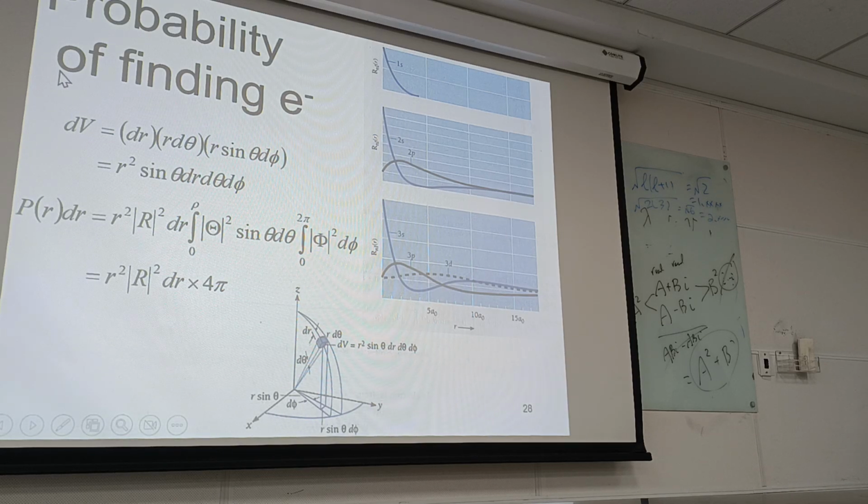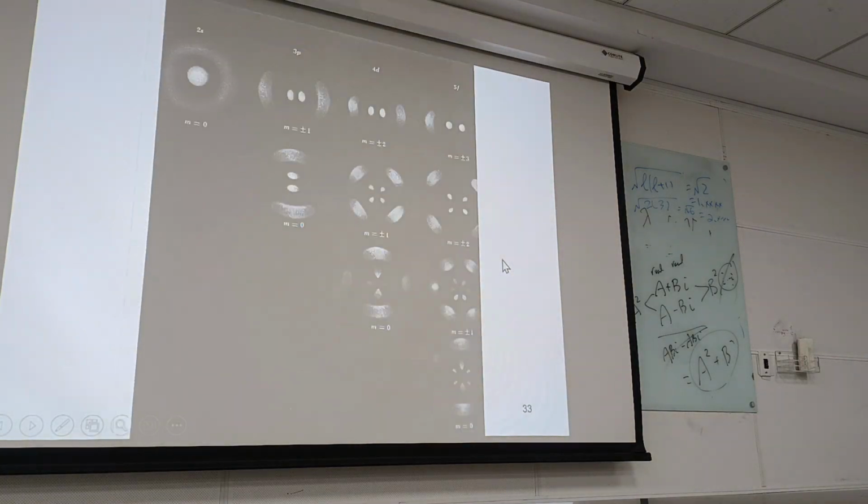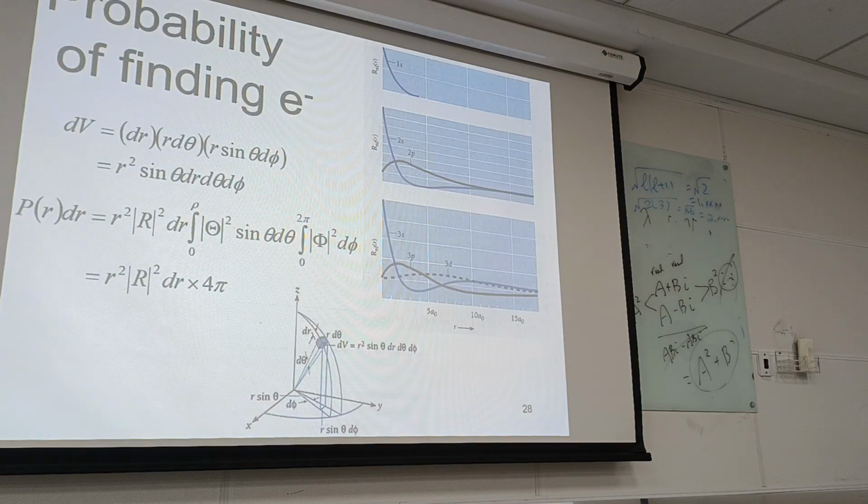So if we plot this, then this is R, and this is 1s, 2s, 2p, 3s, 3p, 3d. That's why we can plot this kind of graph, because we solved the probability density function.